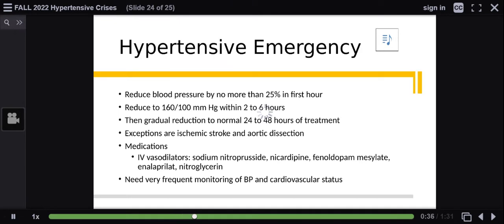The antihypertensive medications of choice are those that have immediate onsets of action and can include intravenous drugs such as nicardipine, clevidipine, labetalol, esmolol, nitroglycerin, and nitroprusside.